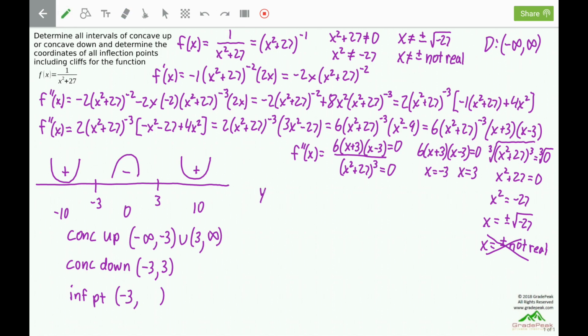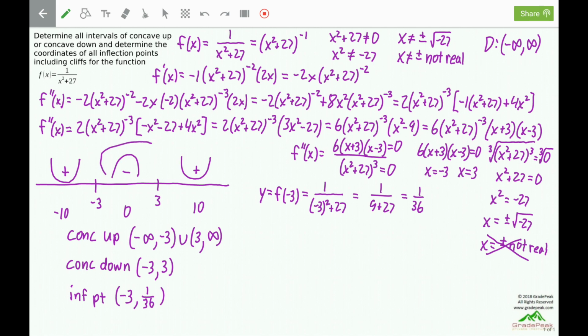So y equals f of negative 3, which is 1 over negative 3 squared plus 27, which is 1 over, negative squared is positive, 3 squared is 9, so 9 plus 27, which is 1 over 36.